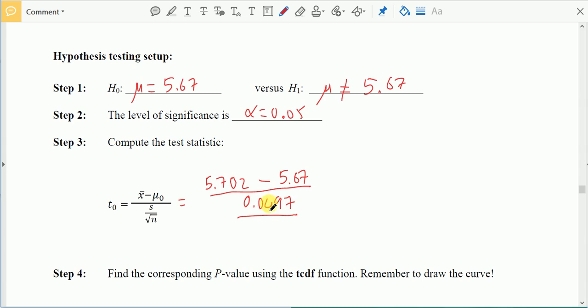This is obtained from the calculator, the standard deviation of those 18 samples, and n here is 18, right? And this is around 2.753. This is the test statistic.